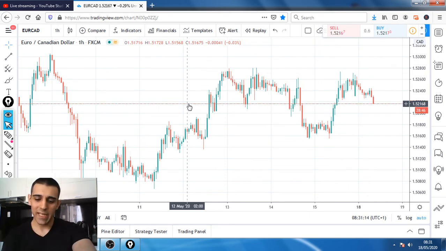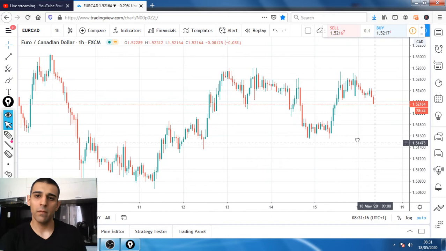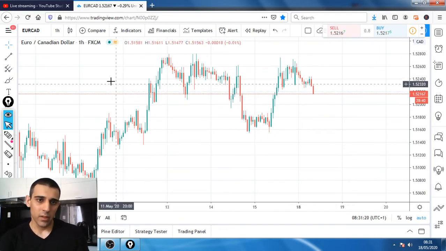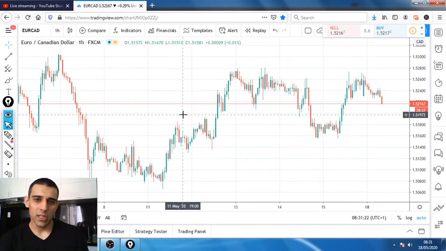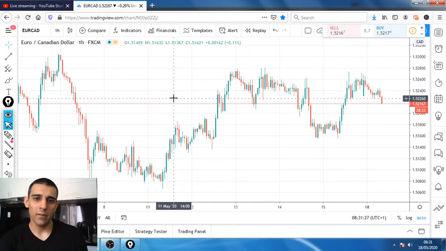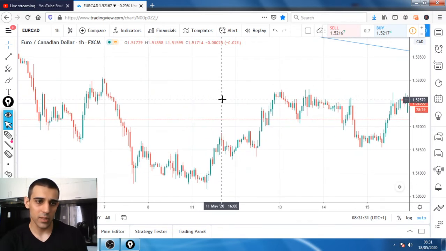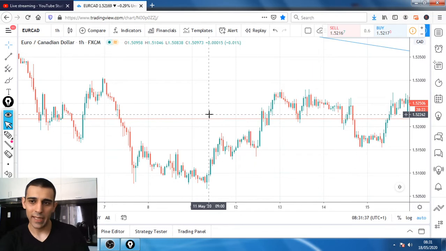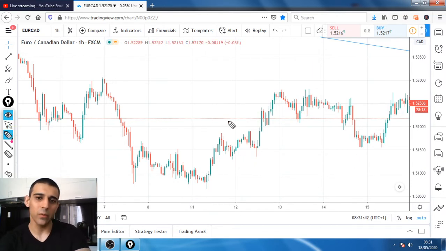Okay, personally, I will not take this trade, just because the stop loss range is not very good. If we take the trade at 52.05, then even if we put a 20 pip stop loss, it's still not really good.